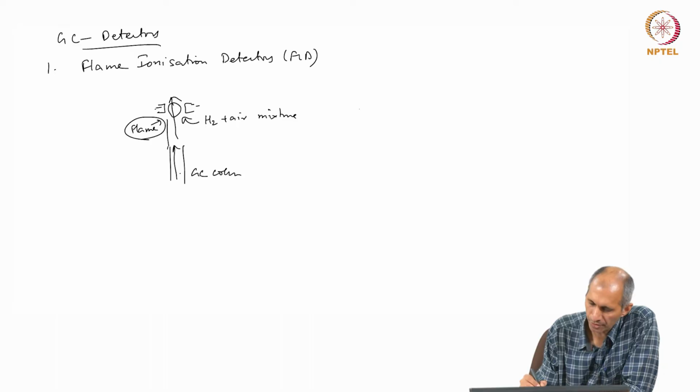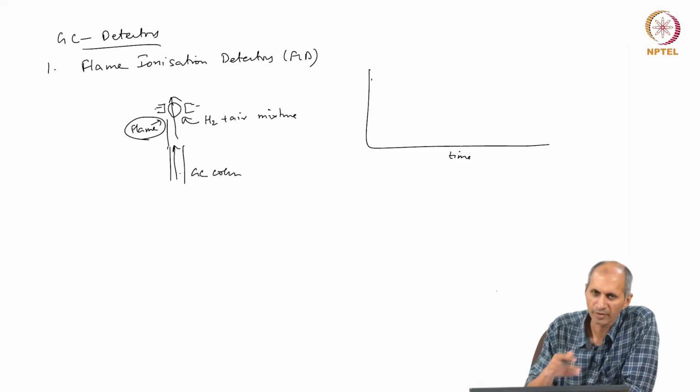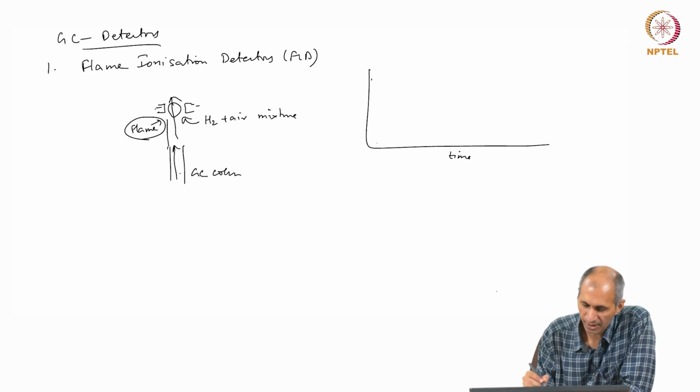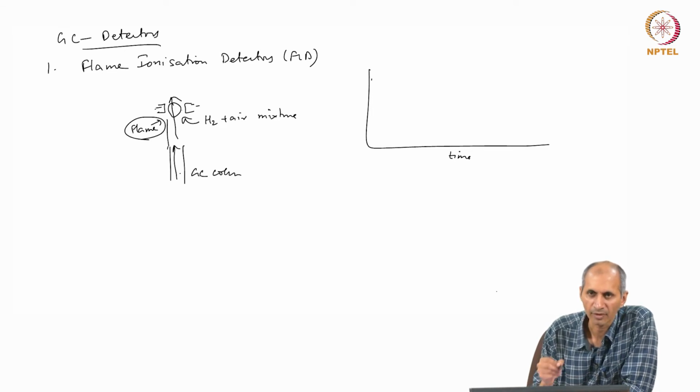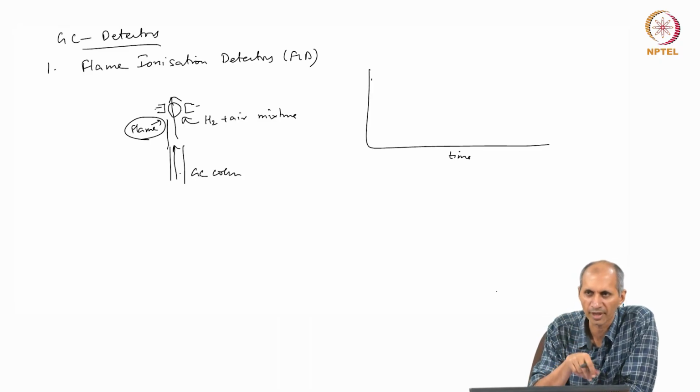So in the output, when you are measuring signal, you have injected the sample at the beginning of the column, and the sample is going at some flow rate. It takes some time for it to come out, and the moment it comes out, the detector detects it. It is detecting a real time change in the intensity of this flame.